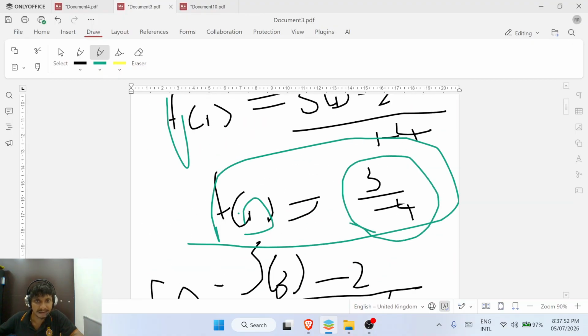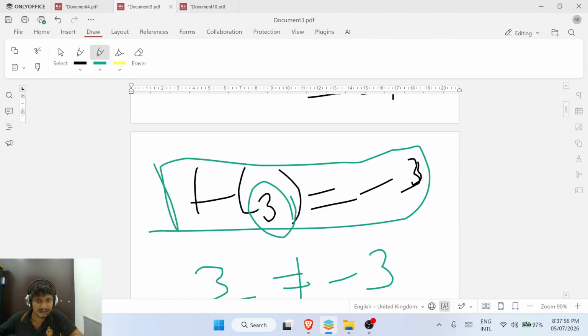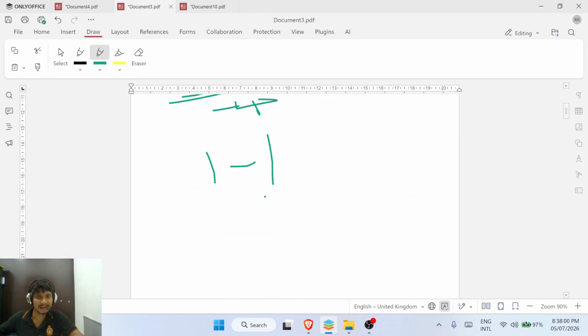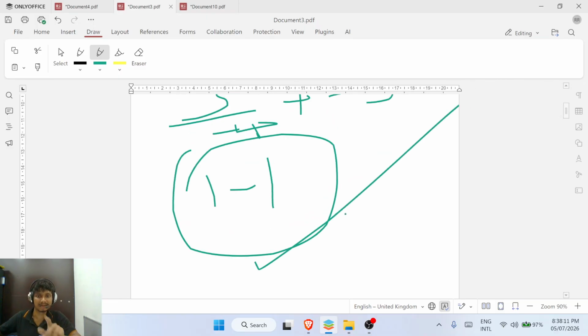Here, 1 has a unique value and 3 has a unique value, so they claim that every value in the domain has a different value for f of x. Therefore, proving a one-to-one function this way is very wrong.